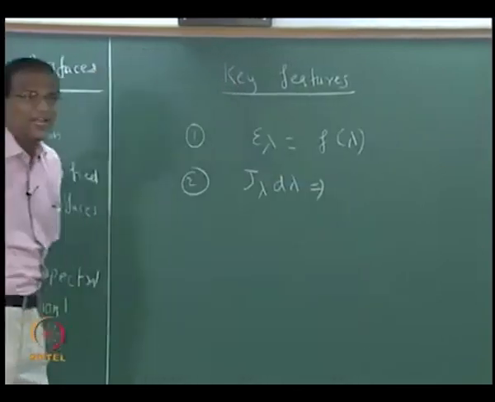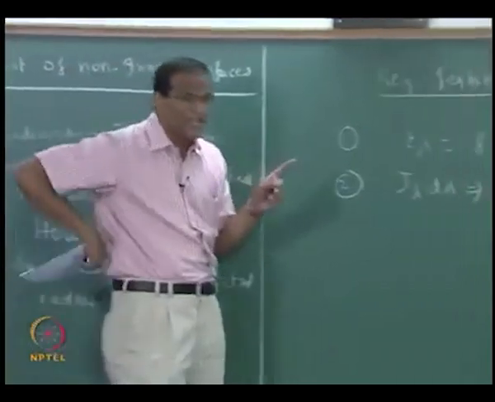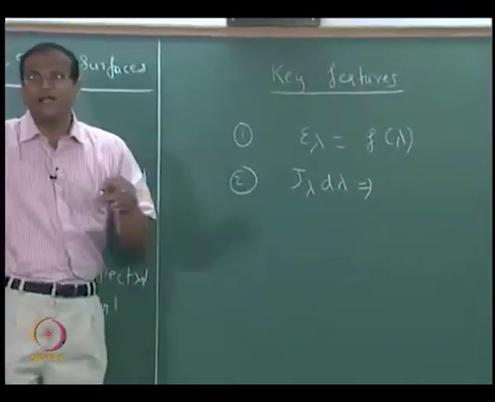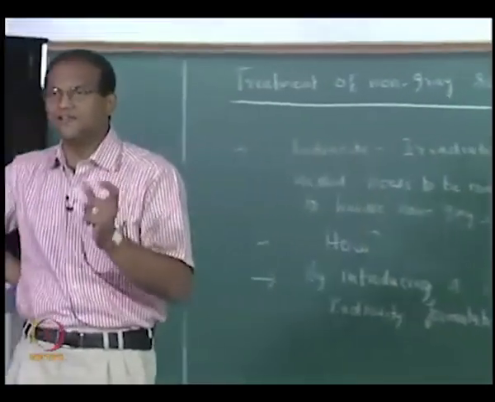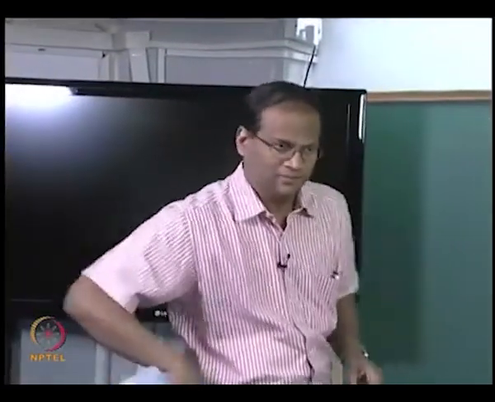Now instead of J, watch here. Instead of J, it is J lambda d lambda, which is the net radiation leaving a surface in a wavelength interval d lambda about lambda.